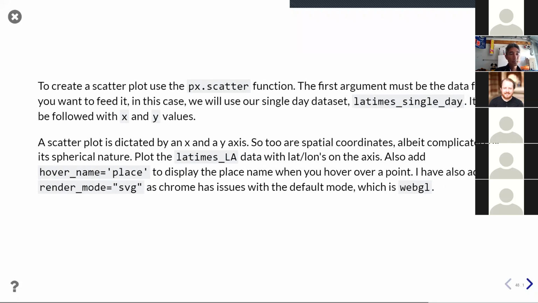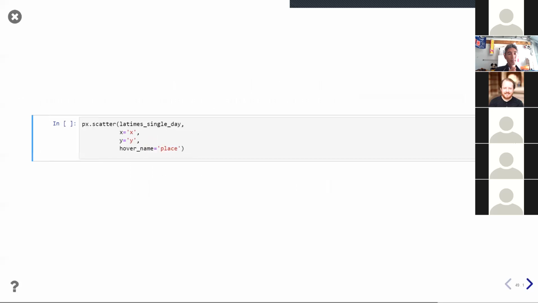The scatter plot is similar to the bar charts. The structure of how we string together the code to produce a scatter chart is very similar. So similar to the bar chart, let's do a single day. Remember, LA Times single day, we define this by querying what was the last date in our data set, which was July 20th, and creating a subset of the data for only July 20th.